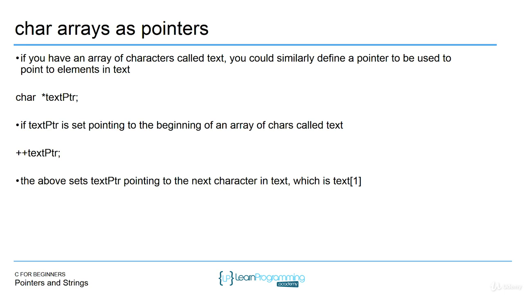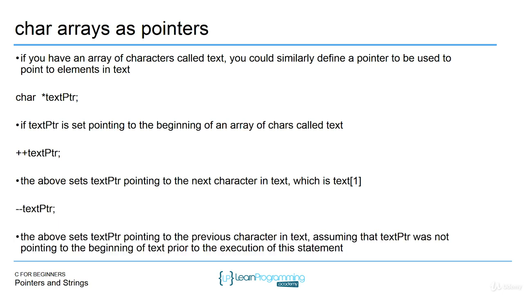So if we want to look at the next element, just like for integers, all we have to do is add 1 to it and we can get the next character. It's much more useful though in character arrays because you can easily manipulate characters one by one. If you do a minus minus text pointer, which is the decrementation operator, that will set the pointer to the previous character in the text, assuming that the text pointer was not pointing to the beginning of the text.